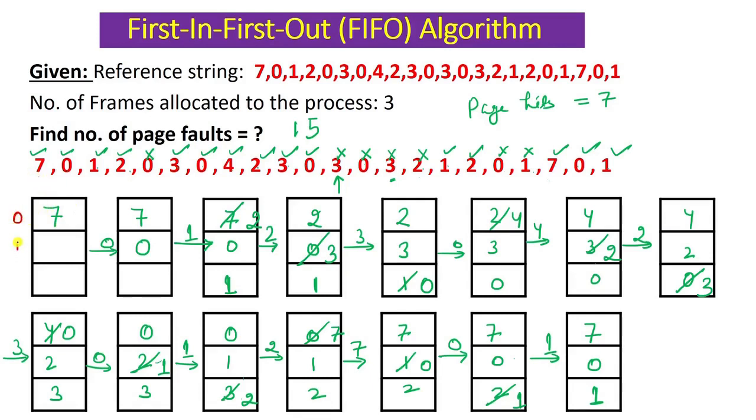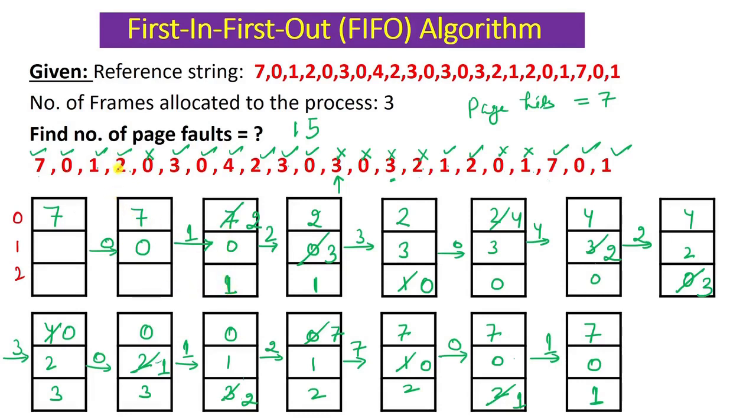So this is the 0th location, first and second. After that we got 0, which is not present inside any of the frames, so we got a page fault and put it into a free frame. Then 1 is not present, so 1 generates a page fault and we put 1 here, so we got 701.